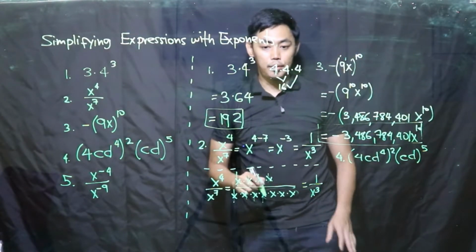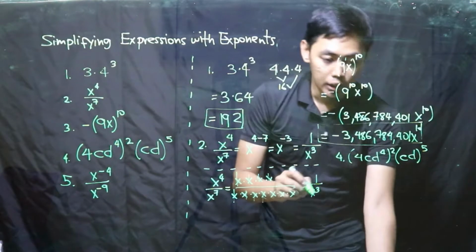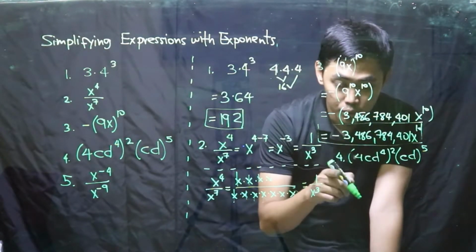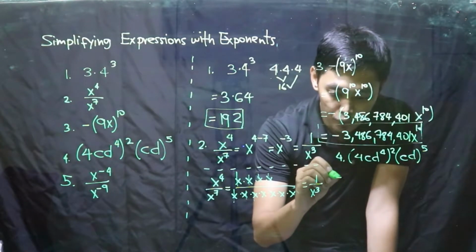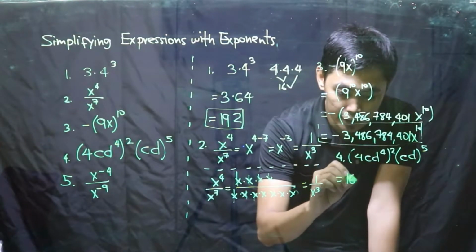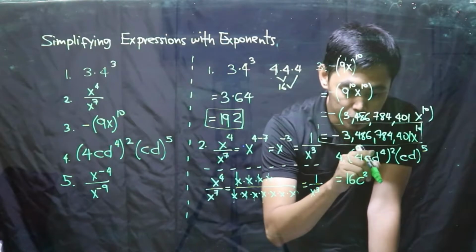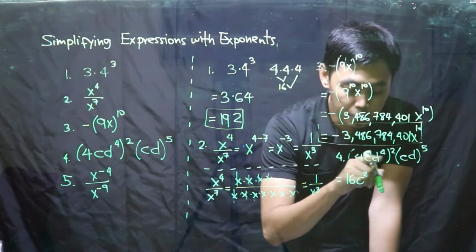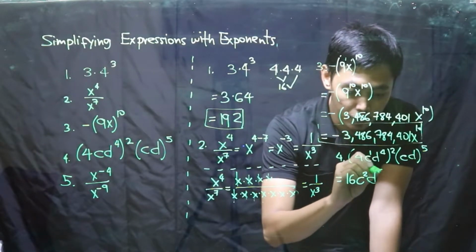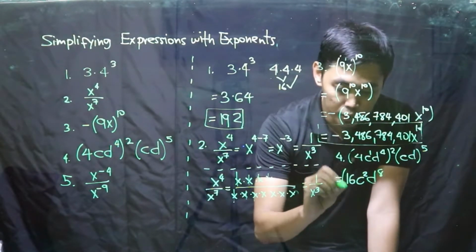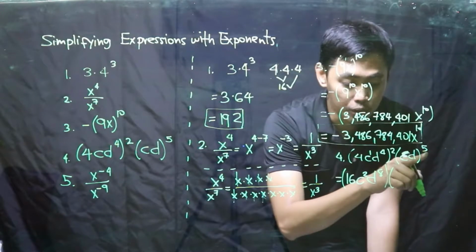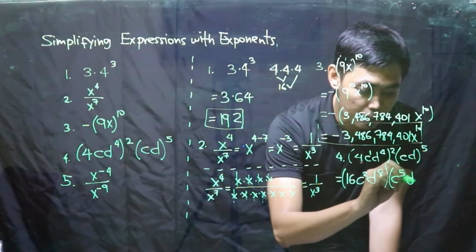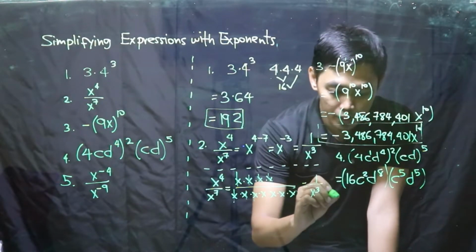What you need to do here is distribute the exponent. 4 to the power of 2 is 16, c squared, because 2 times 1, and d to the power of 8, 2 times 4, multiplied by c to the power of 5 and d to the power of 5.